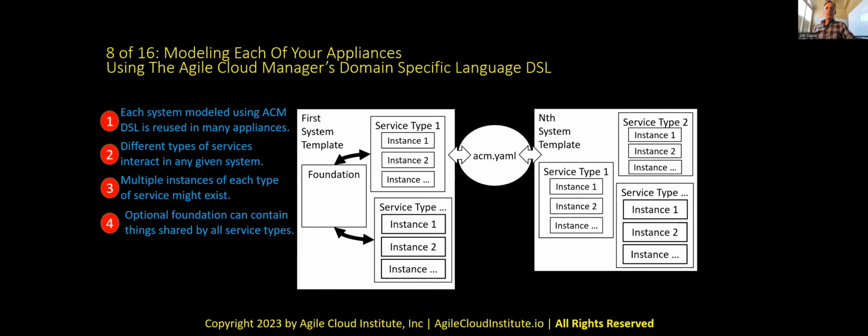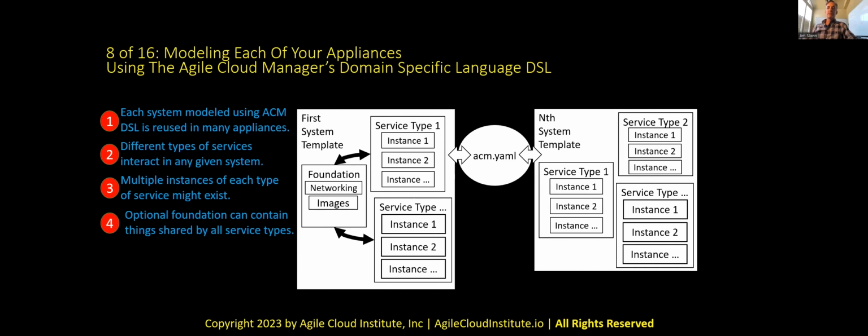Fourth, you also have the option of defining a foundation within a system template. And what a foundation does is to create shared things that are reused by all the different types of services. For example, you might want to define some common networking for the entire system and have all the different types of services interact with each other through the shared networking.